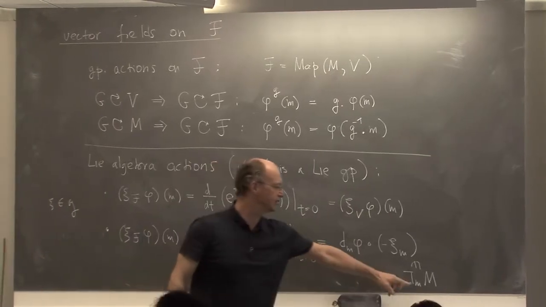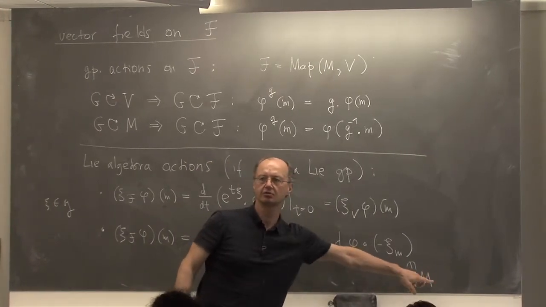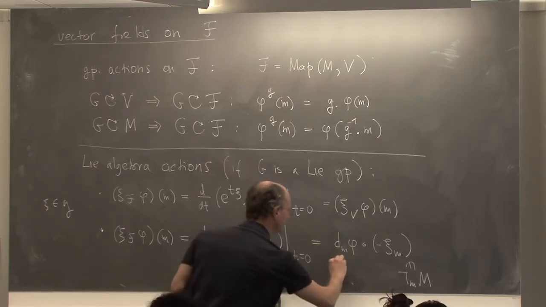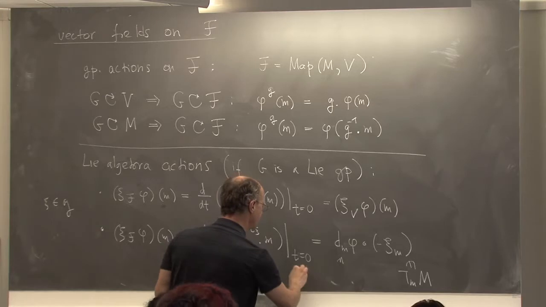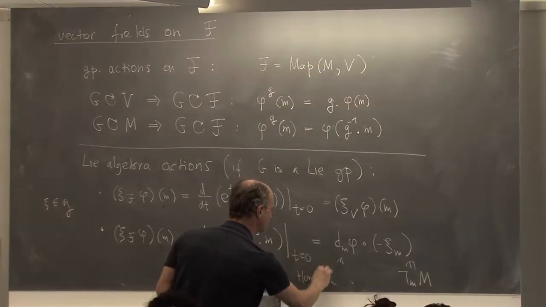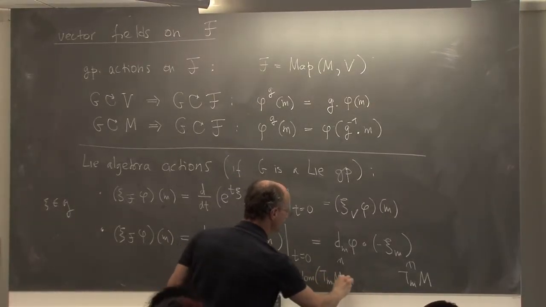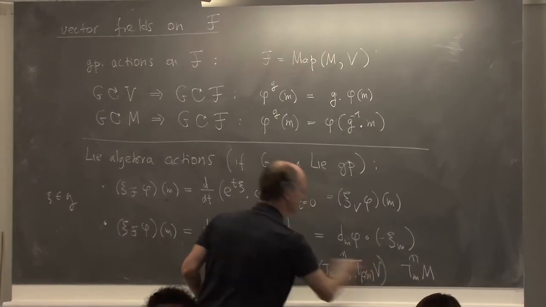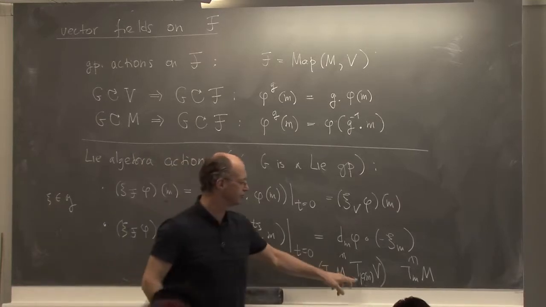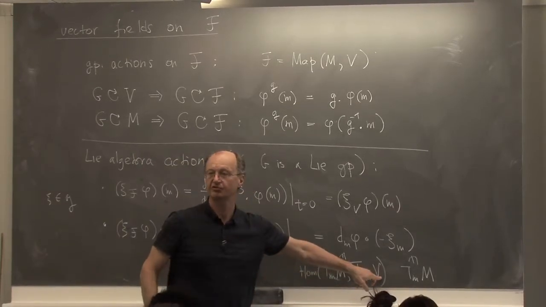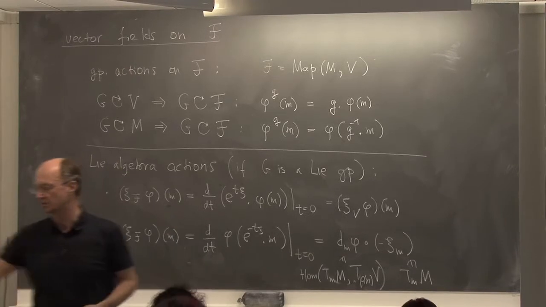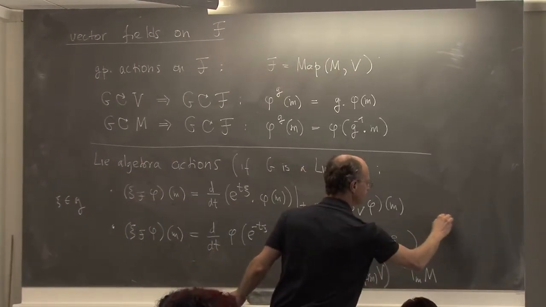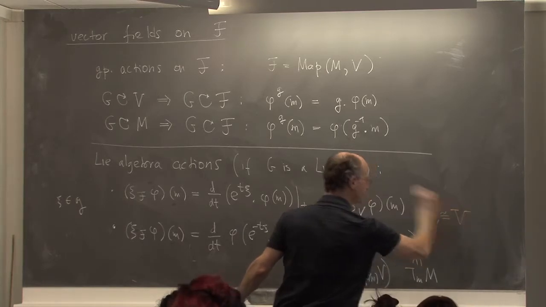It lives in the tangent space to M at M. Now dm phi, so this is a map from the tangent space at M to the tangent space to phi of M of V. But V is a vector space, so the tangent space is just canonically isomorphic to V itself.